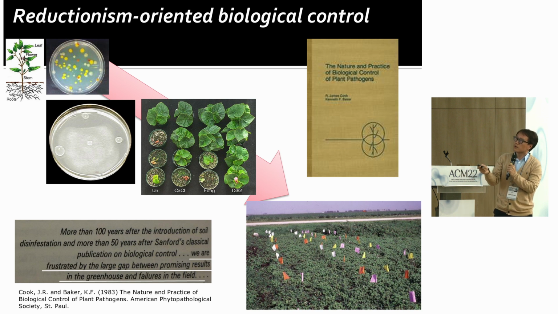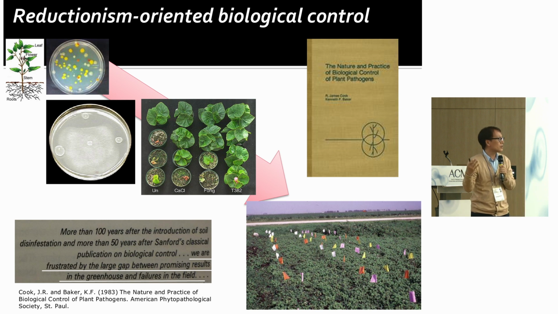One page says: more than 100 years after the introduction of soil disinfestation, and more than 50 years after Stanford's classic publication on biological control, we are frustrated by the large gap between promising results in the greenhouse but failure in the field. That was 1983, and we still have the same problem.